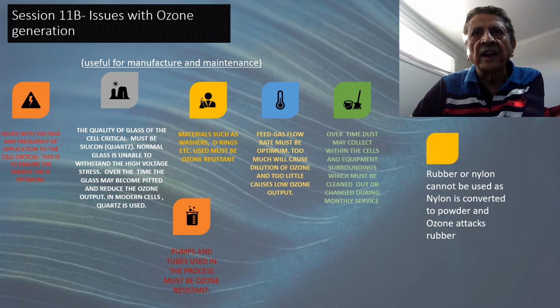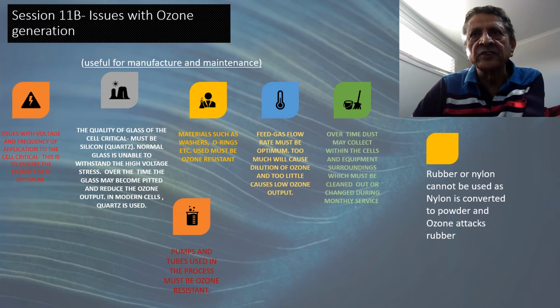Other issues like dust, moisture, etc. may be collecting on the surrounds of the cell. Dust is a real poison for the cell because the dust conducts electricity and it might cause shocks and sparks.